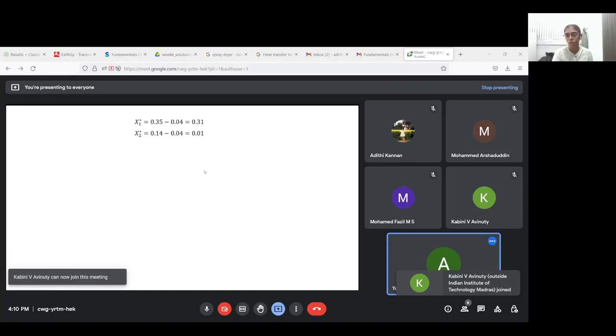So when you substitute back in the equation, you have 4 into 0.006 square, which is half the slab thickness, divided by pi square into your diffusion coefficient, which is 10 power minus 6, into ln of 8 into x1 star divided by pi square into x2 star. So when you substitute these values and calculate, the TF that you are getting will be 1.34 hours. The answer to this question is option A.